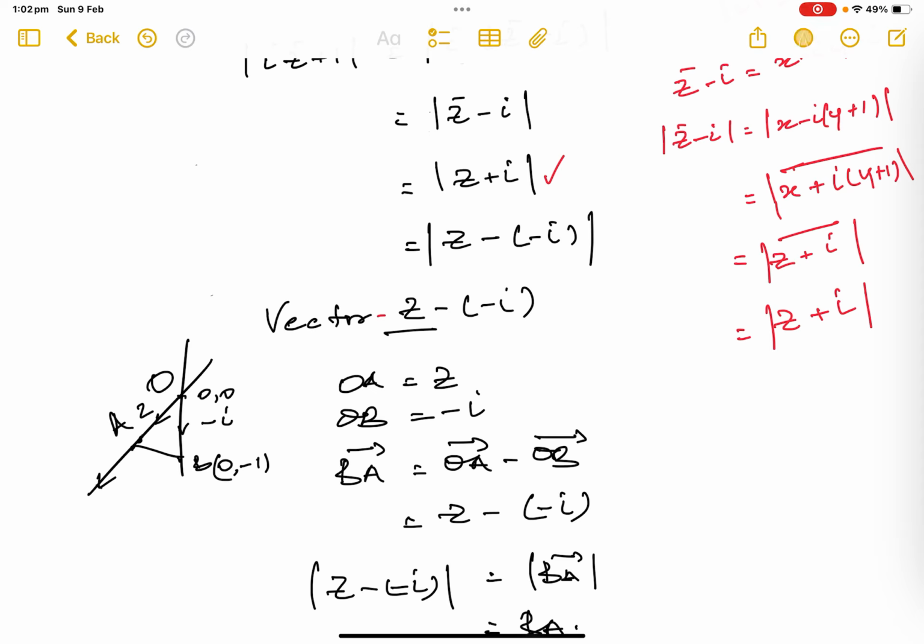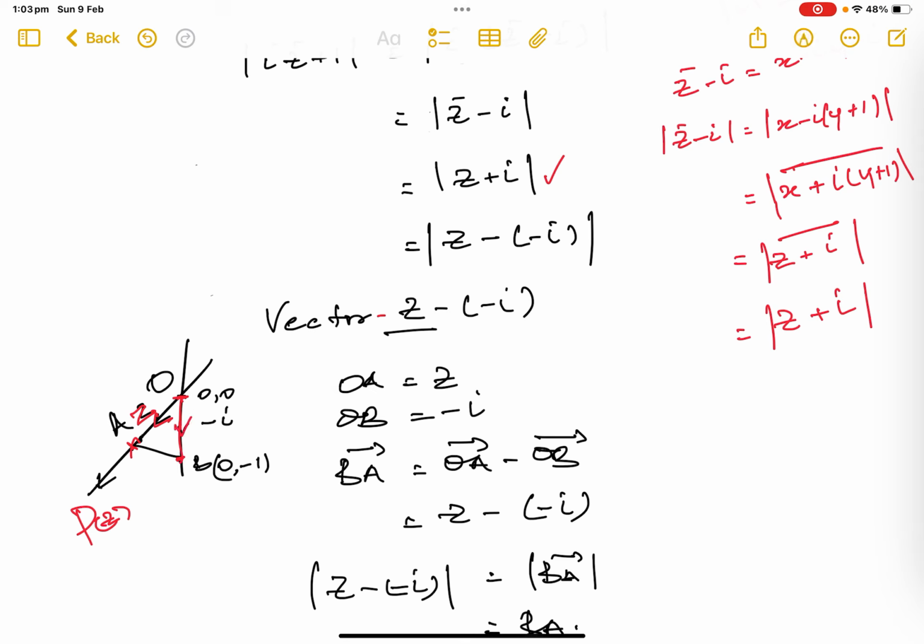I just drew this part of it. This is the locus of z, and this is the origin, and this is z. At this point I put A, which is any point on the locus. Again, minus i means this is here, 0, minus 1.